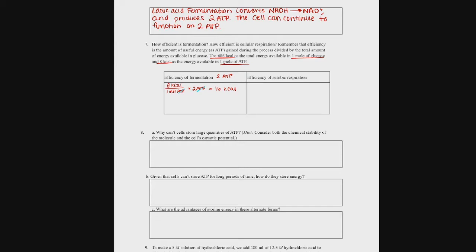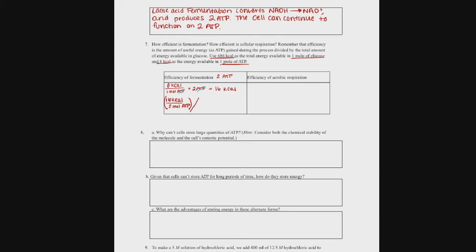And in terms of the percentage per mole of glucose, we can say 16 kcal divided by 2 moles of ATP, because we're getting back to that 8 per 1 mole of ATP.